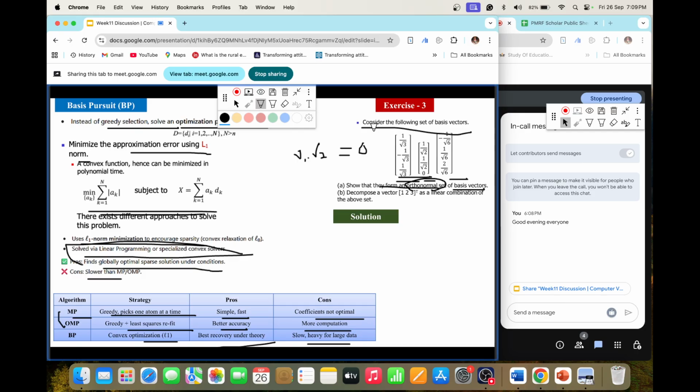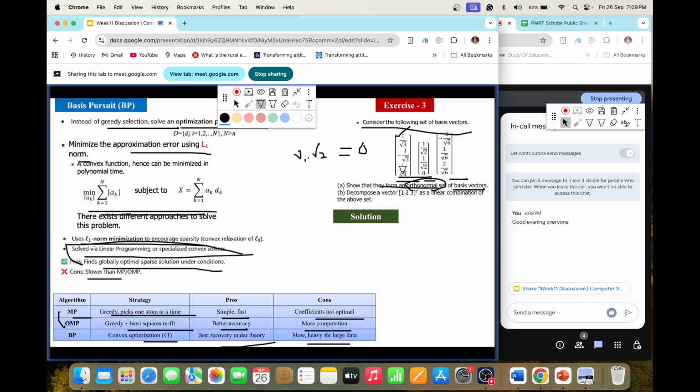Take the root of 1 by 3 plus 1 by 3 plus 1 by 3, so the answer comes 3 by 3, that is 1. So this is a normal vector. This also you can check: 1 by 2 plus 1 by 2 is 2 by 2, again the same thing. And this also: 1 by 6, 1 by 6, 4 by 6, so 6 by 6, that is 1.